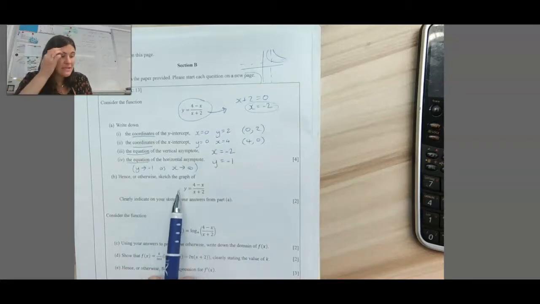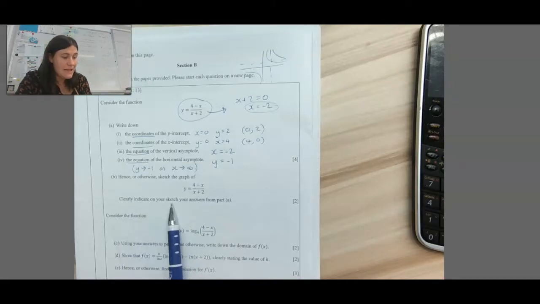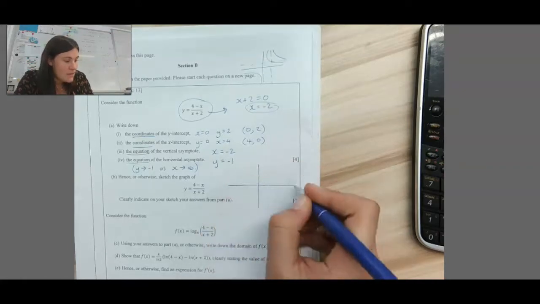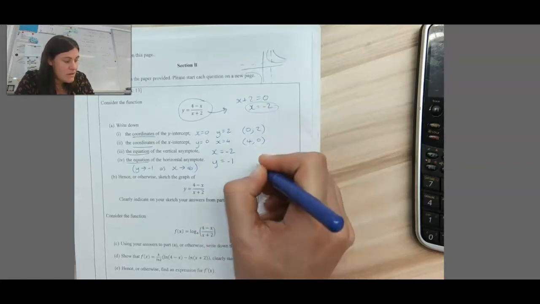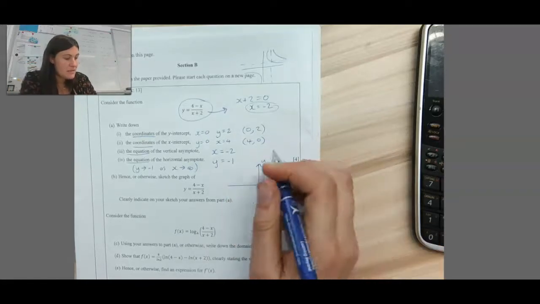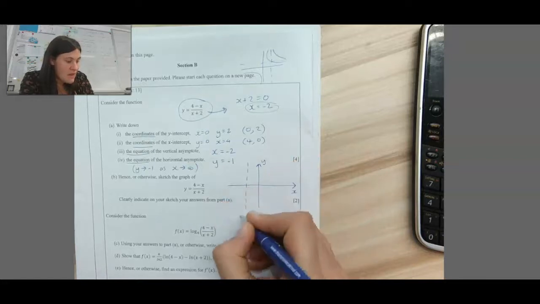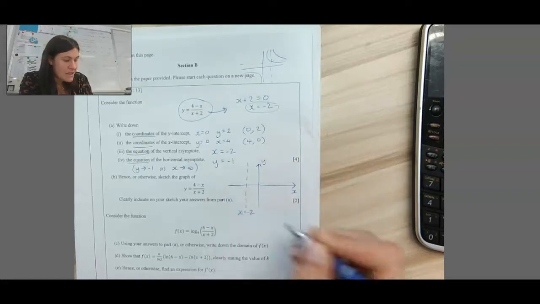All right, hence or otherwise, sketch the graph of this and clearly indicate on your sketch all your answers from part A. So I know roughly what it's going to look like, but let's put in the asymptotes first. So x equals minus 2. And because I have to clearly indicate them, I need to label them.